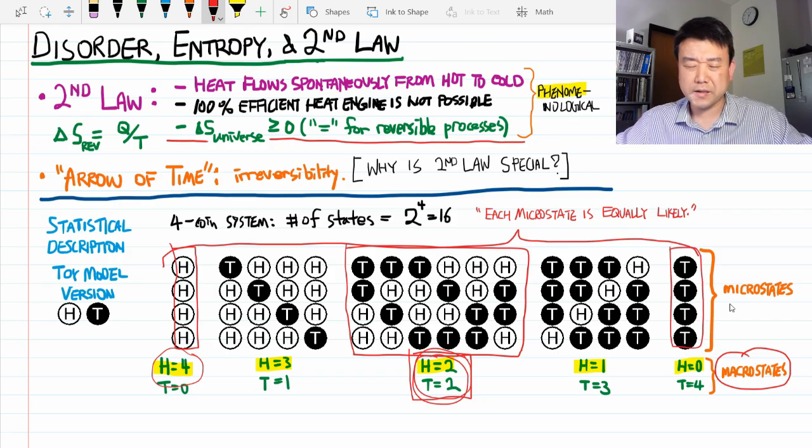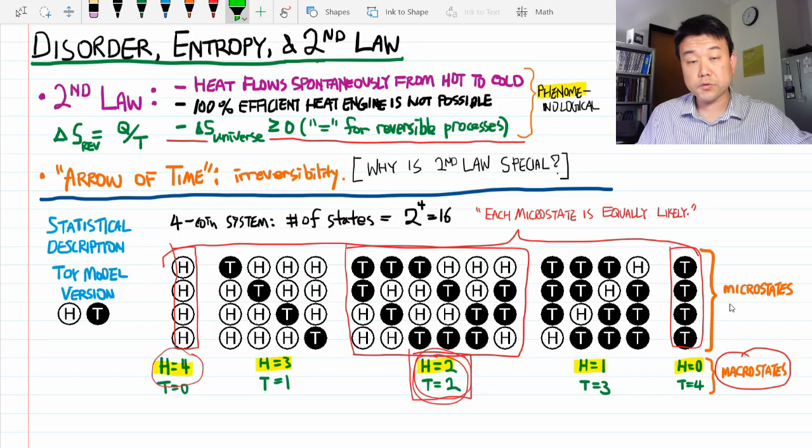But as your textbook lists, even with 100 coins, which is nowhere near the statistical systems we deal with, something like 10 to the 20 number of particles, the difference between the number of microstates in the macrostate representing the even distribution, and the number of microstates in the macrostate representing a very skewed result, like all of the gas molecules being collected into a corner of a room, becomes extreme.